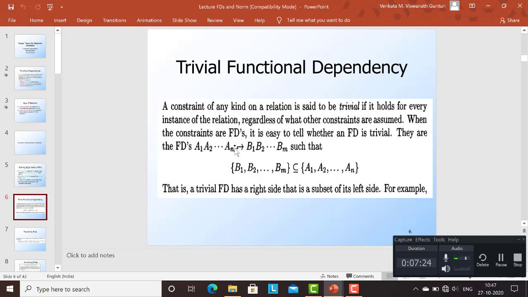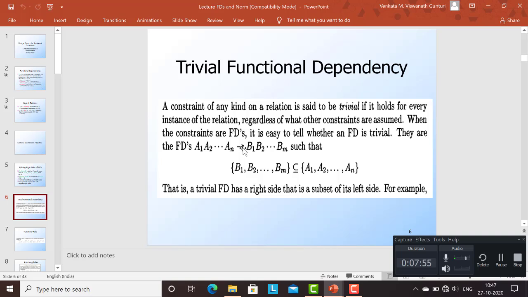Let's say you have a set of attributes A1, A2, An, and it implies B1, B2, Bm, such that the right side is a subset of the left side, that means B1, B2, Bm is a subset of your left side A1, A2, An. If this is the case, then this functional dependency is always trivial.